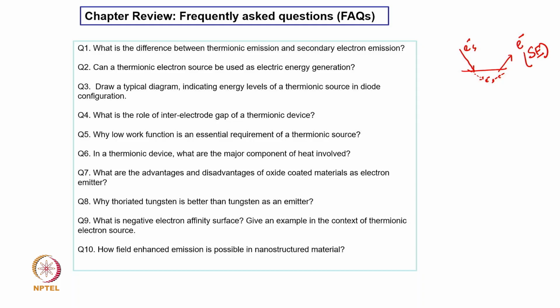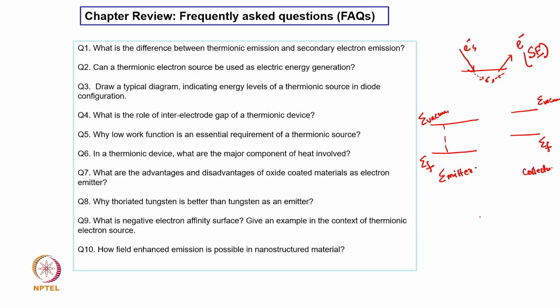Draw a typical diagram indicating energy levels of a thermionic source in diode configuration. So, I have already shown it to you. What energy diagram do you consider? You consider the Fermi level of the emitter and the vacuum level of the emitter. This is the emitter side, and then you have the Fermi level of the collector and the vacuum level here.